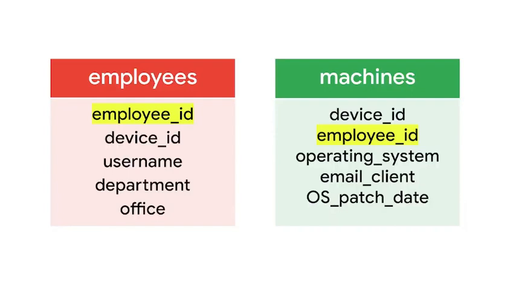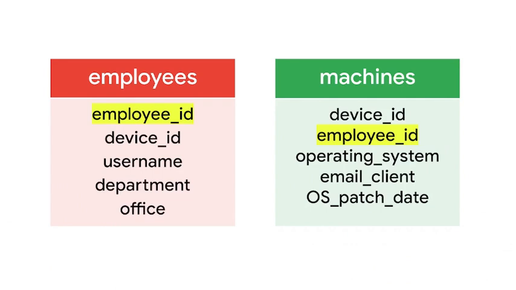That's pretty cool, right? First, let's start talking about the syntax of joins. Since we're working with two tables now, we need a way to tell SQL what table we're picking columns from. In our example database, we have an employee ID column in both the employees table and the machines table.